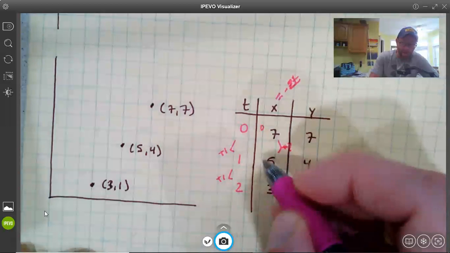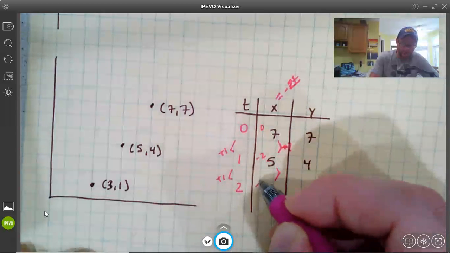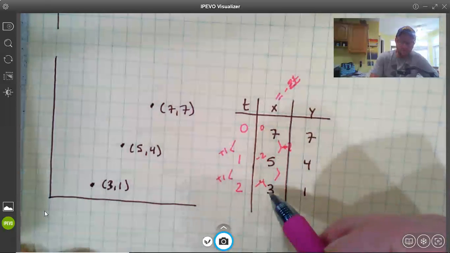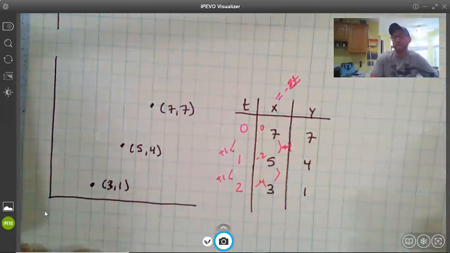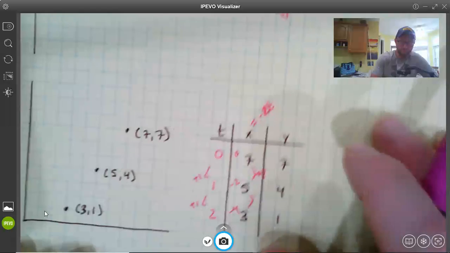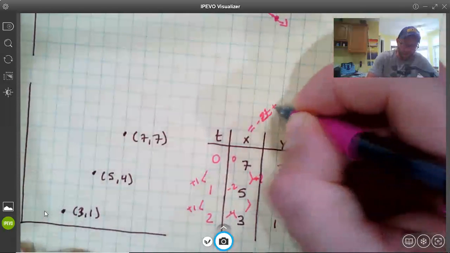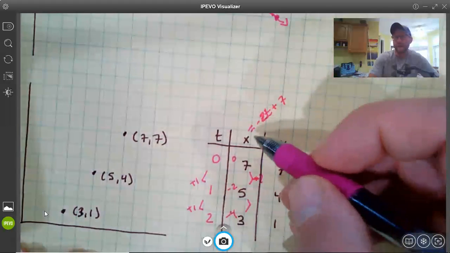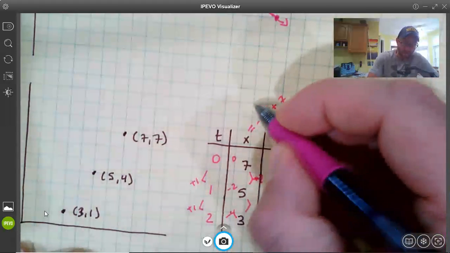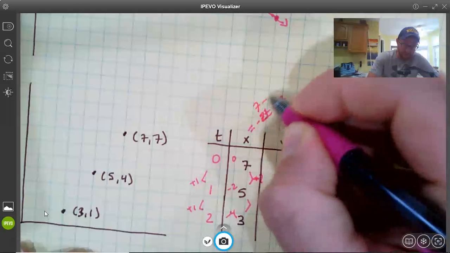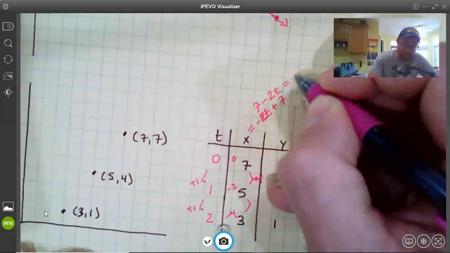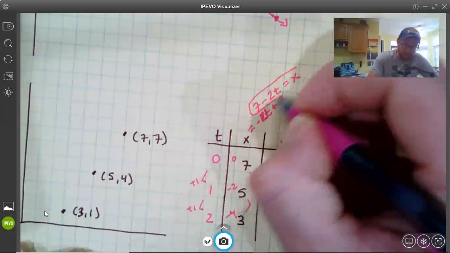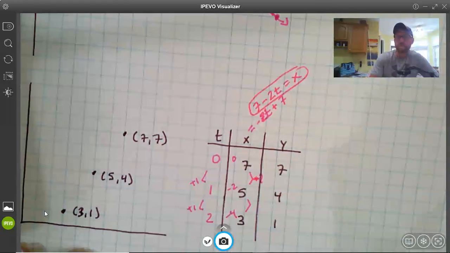I want 7, 5, and 3. To adjust for that, I just have to add 7. So I'm going to write plus 7. I don't like this dangling negative out front, so I want to clean it up a bit. I'm going to write that as 7 minus 2t equals x.